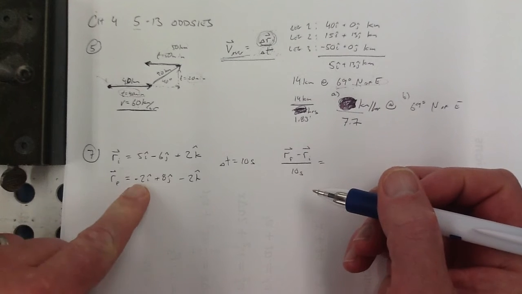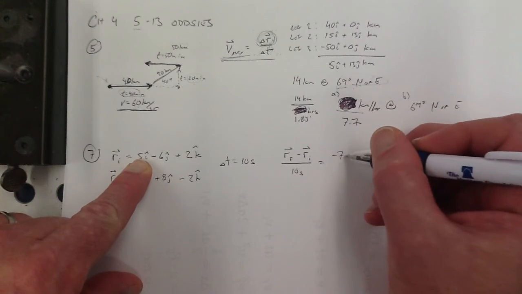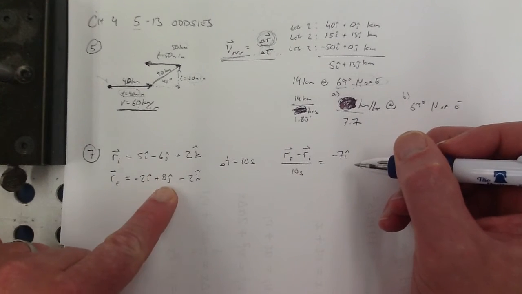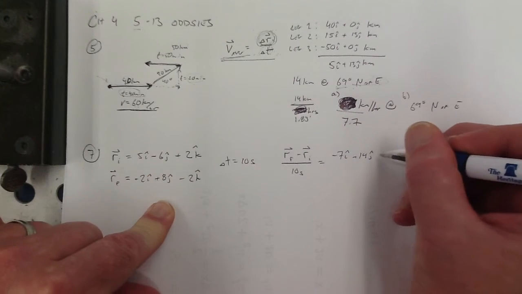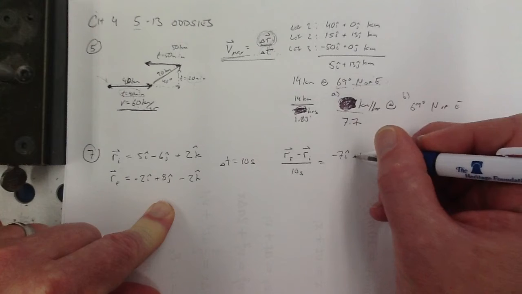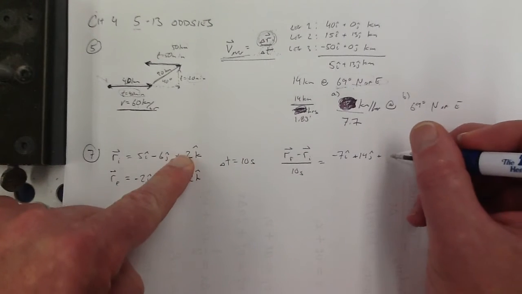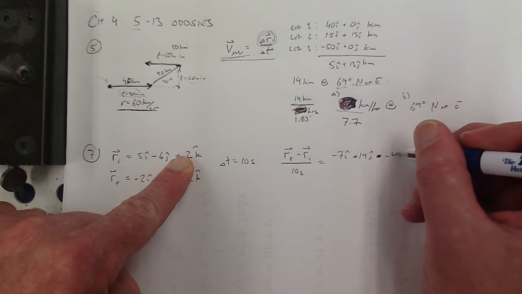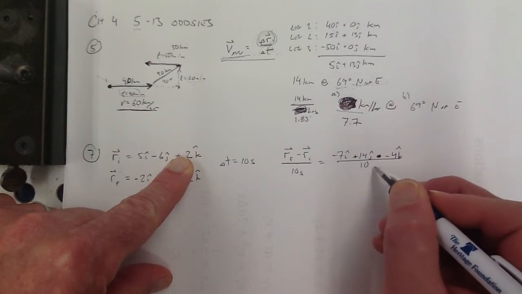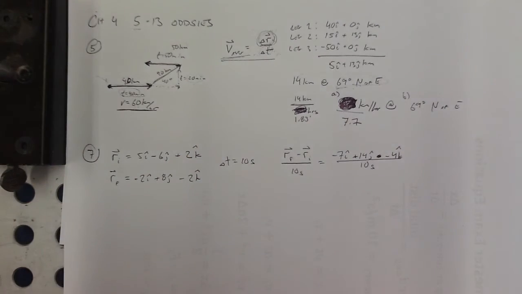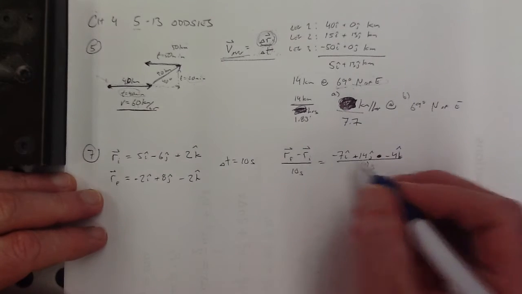So let's see, this minus that, that's minus 7i. This minus that is 14j. And this minus that is minus 4k, all over 10 seconds. And they want the answer to be in unit vector notation.